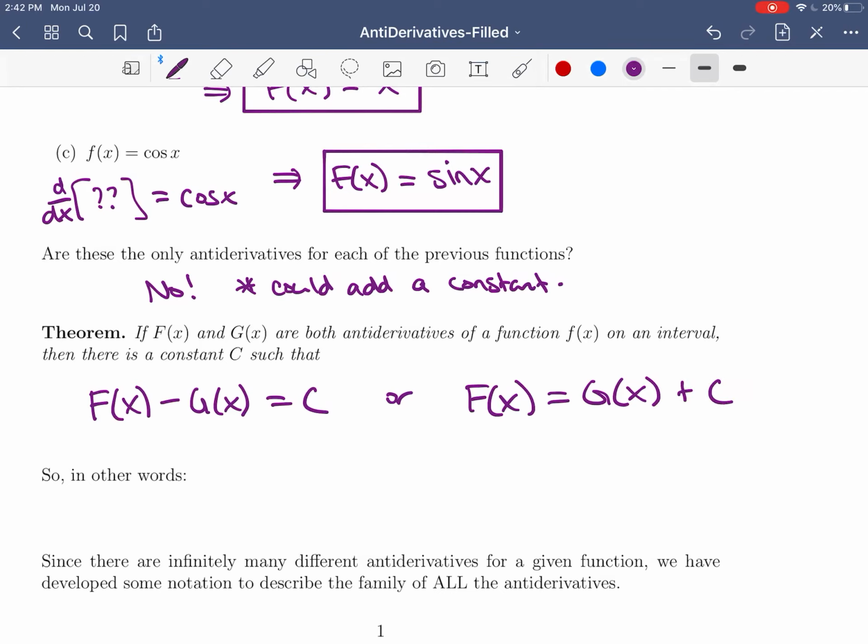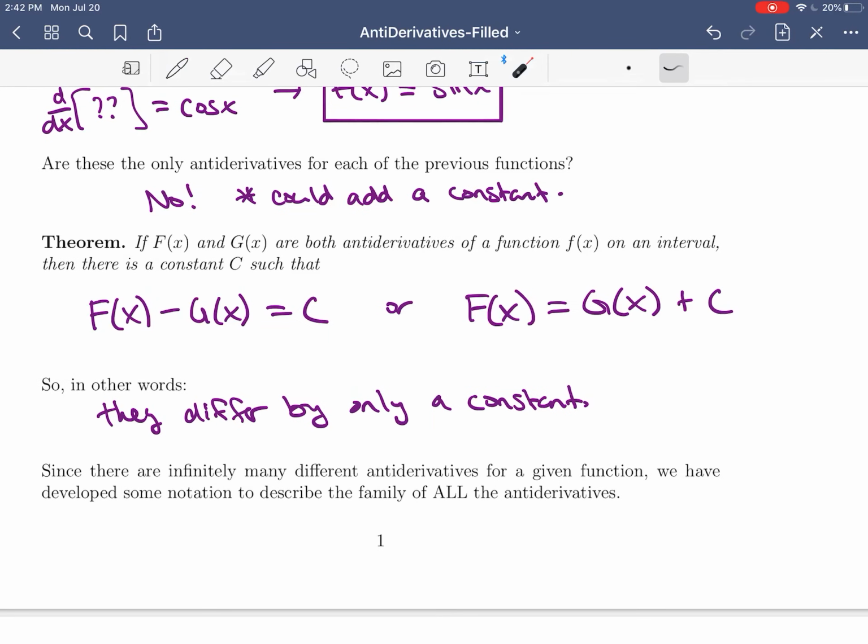In other words, they differ by only a constant. So the only way you can change them is by adding a constant to it. Because we could add any constant, there are infinitely many things that we could add on here, so we get infinitely many different antiderivatives for each derivative.